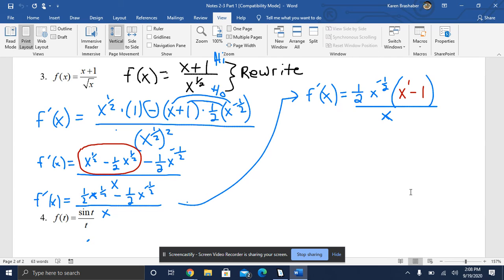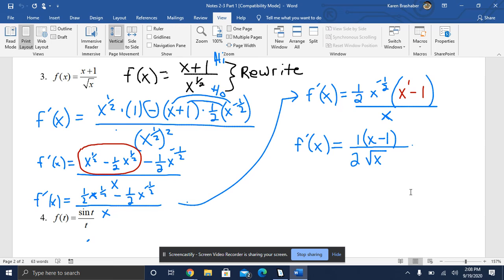And since this is a multiplication, you can actually rewrite this as the 1 from the 1/2 and the x minus 1 from the parentheses over 2, and then your x to the negative 1/2 could move to the denominator, and that was over x.